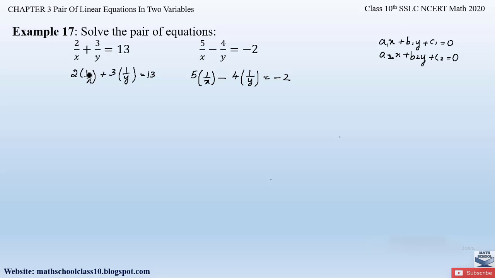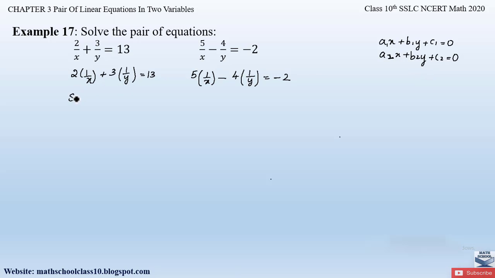So here let us substitute 1 by x with another variable p, and 1 by y equal to q. We are substituting the variables 1 by x and 1 by y with other variables p and q, and then these two equations will be reduced to the standard form of linear equations.